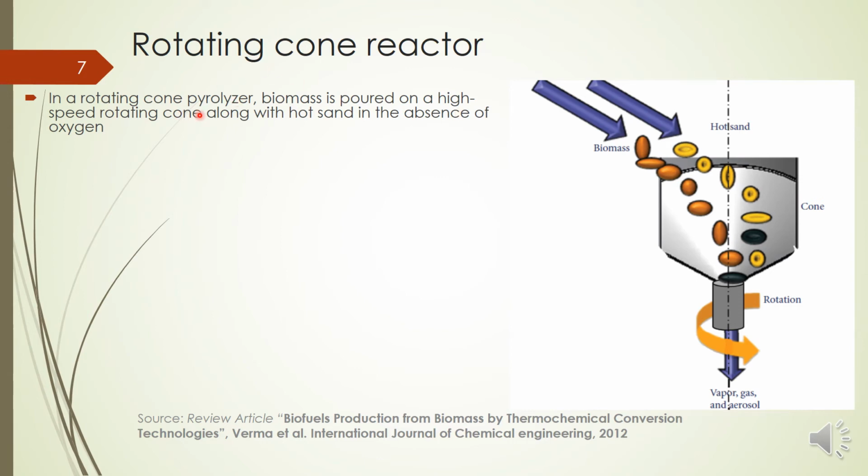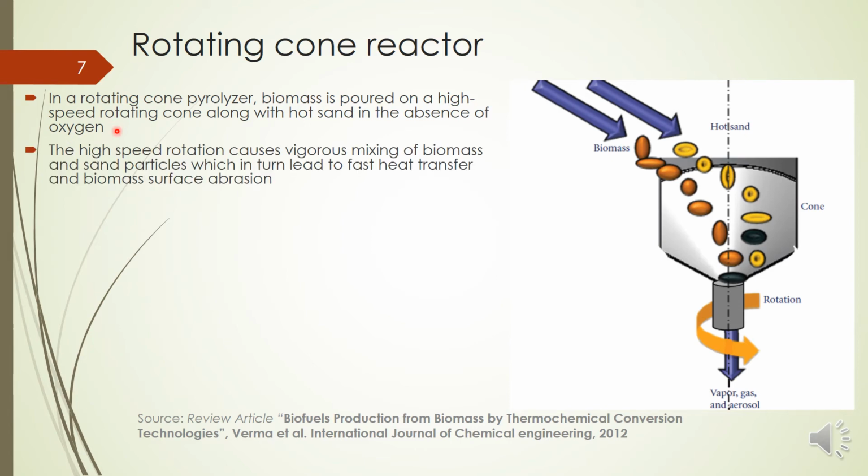So in rotating cone pyrolysis, the biomass is fed at high speed into a rotating cone along with hot sand, in the absence of oxygen. The high speed causes proper mixing of biomass and sand particles, and better heat transfer, and surface abrasion of biomass also takes place.